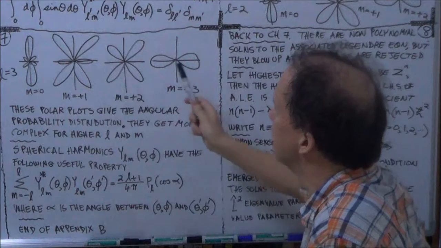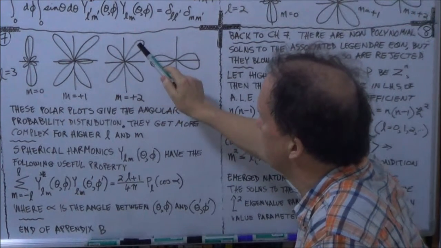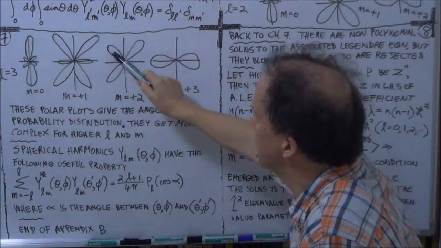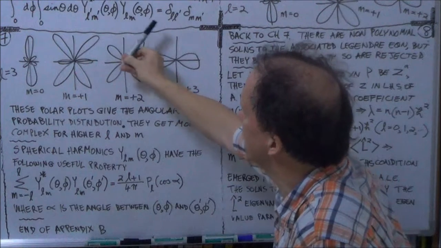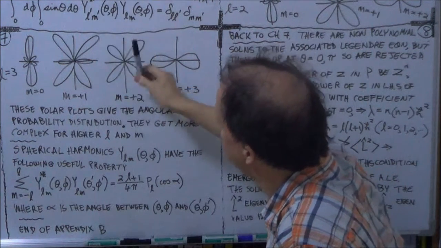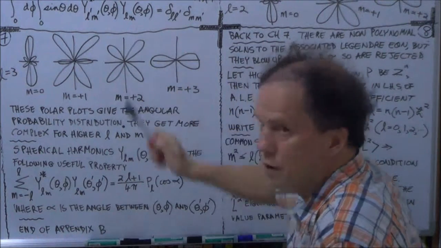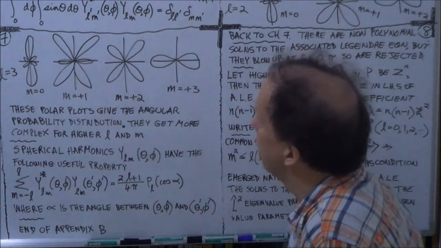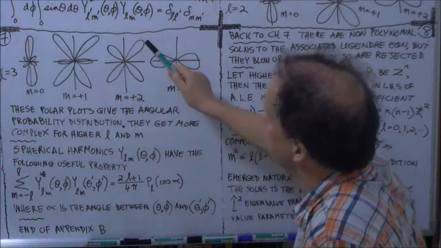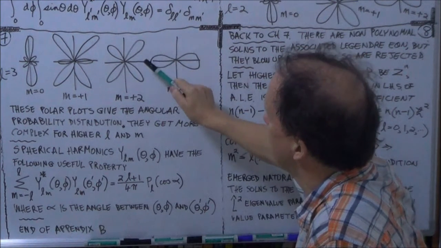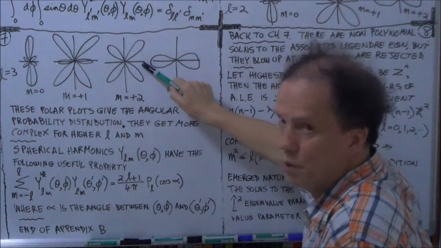So in other words, these are plots of the angle theta. The electron is much more likely to be in this lobe than it is, say, here. Here, probably 0.